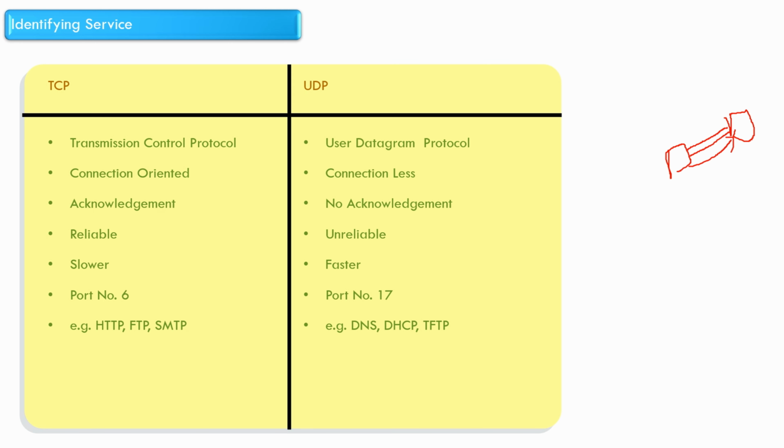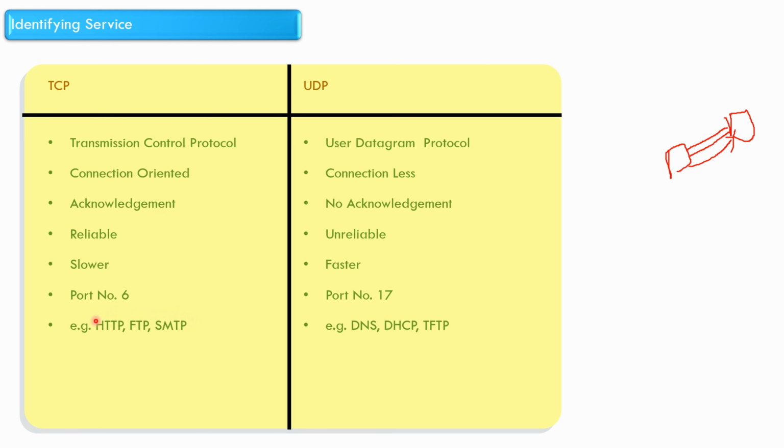So it's called a slower protocol, and it needs acknowledgement to transmit the data from source to destination. So it's fully reliable, and we can send the packet from source to destination without data loss. It uses protocol number 6. Examples: HTTP, FTP, and SMTP. These all use the TCP protocol to communicate from source to destination.